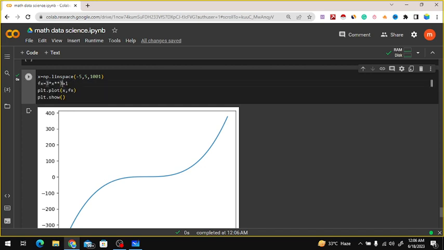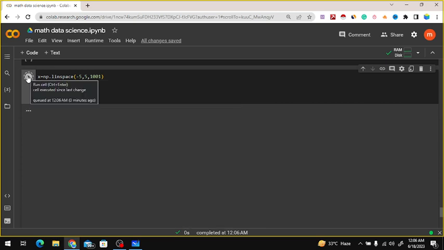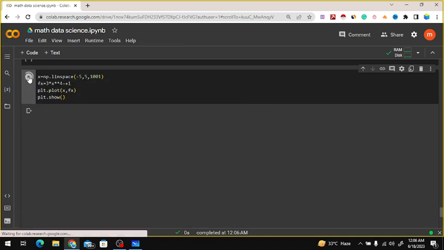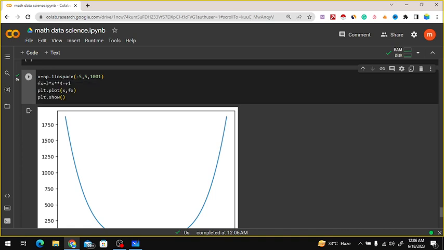Now I can also write a biquadratic equation, and I would like to plot it here. So it's my biquadratic equation, and this is a negative biquadratic equation. You can see it's negative, meaning I am going to put a negative sign, a minus sign here.